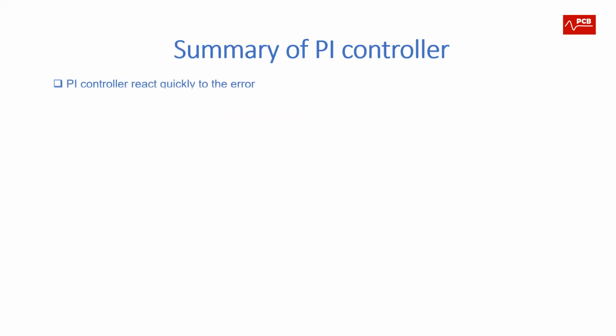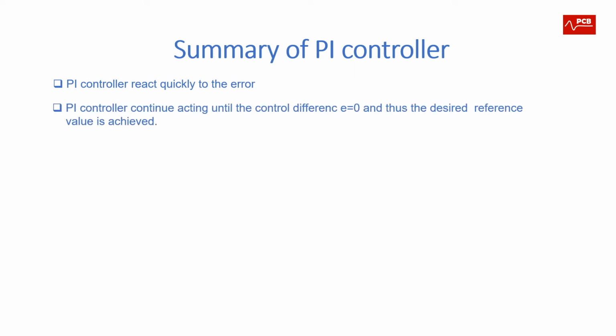What are the features of PI controllers? They react very fast on error, and it is a controller that eliminates an error completely. So it is very accurate. It is therefore the most often used controller.